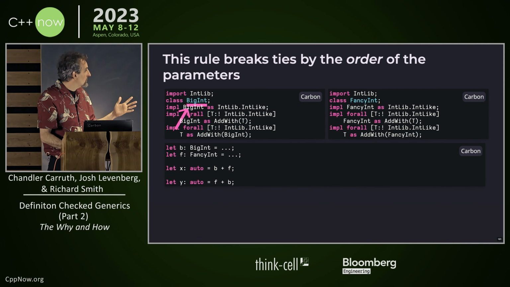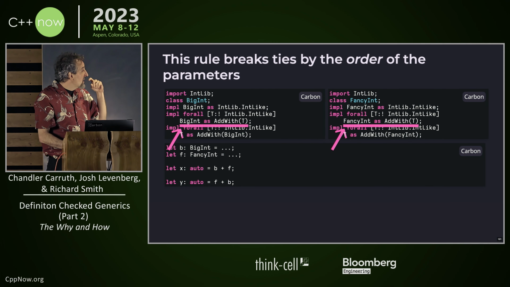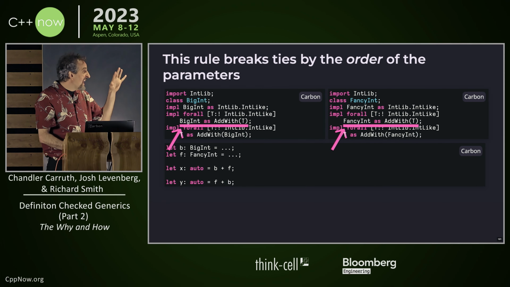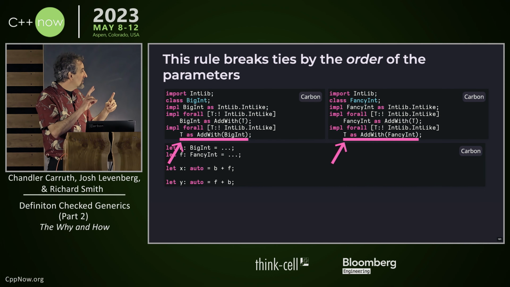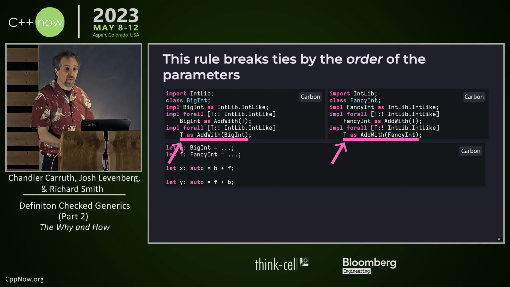These are in different libraries, different packages, but they both implement an interface called int-like. And they both support addition with anything that implements int-like. And they have implementations in both directions, so it can support either order.